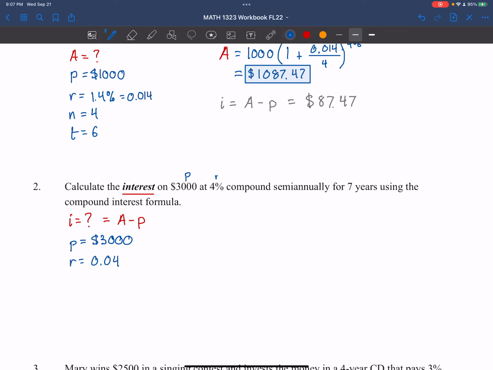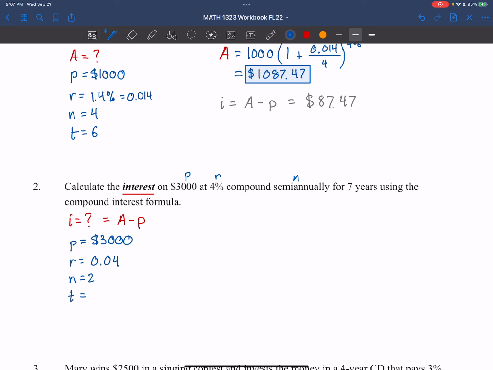to a decimal. Again, compounded, I didn't call it out this time, but that should at least immediately make you think to use the formula with all these variables. Then n comes next, so semi-annually is 2, and t is 7 years.